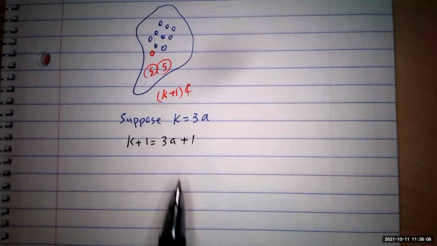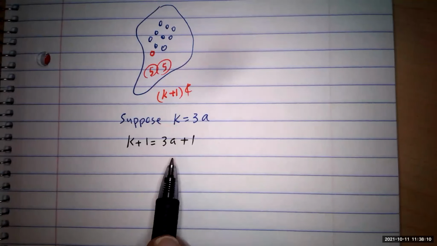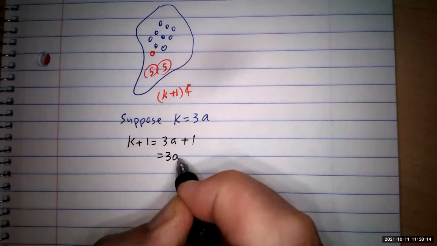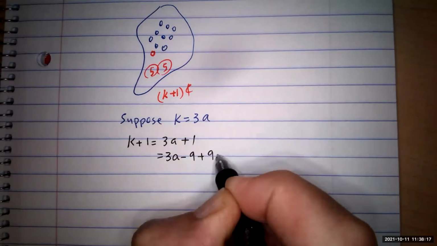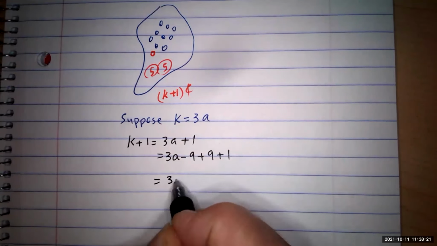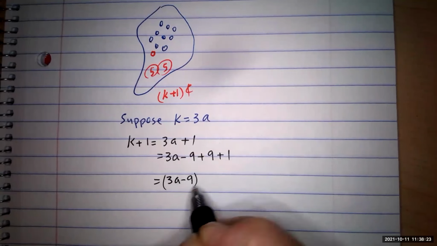In order to match the 1, you have to borrow three 3s. You need a 9. So it's going to be 3a minus 9 plus 9 plus 1. That 9 and 1 would be 10. So this is going to be 3a minus 9, and this is going to be 10.